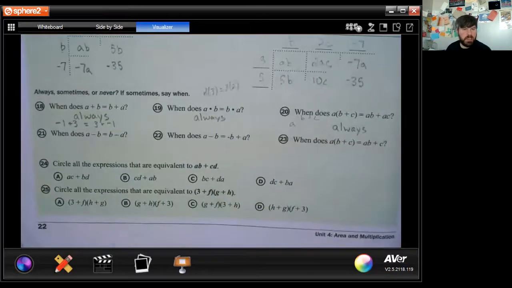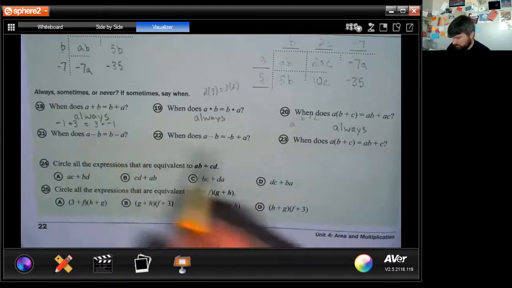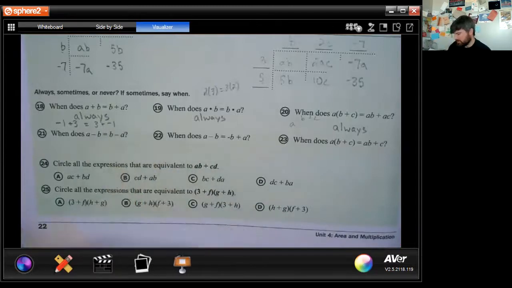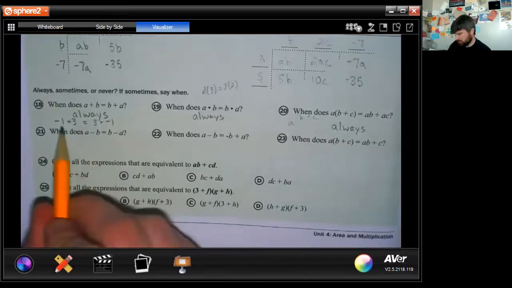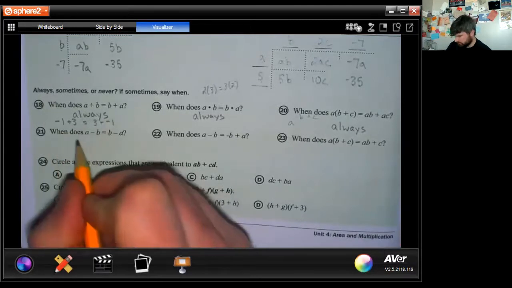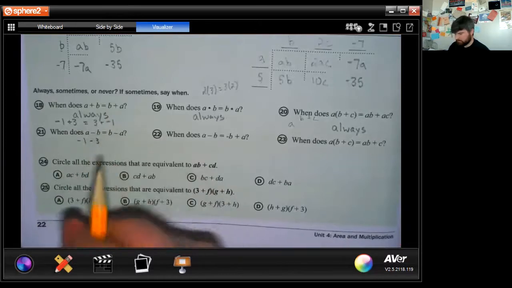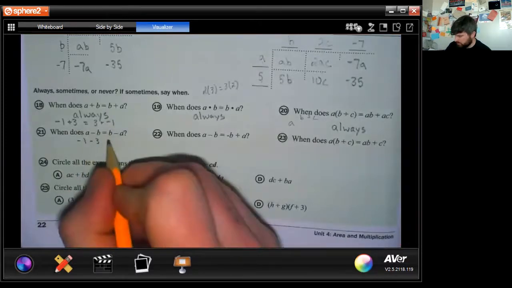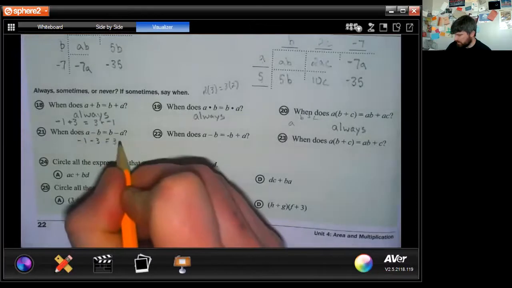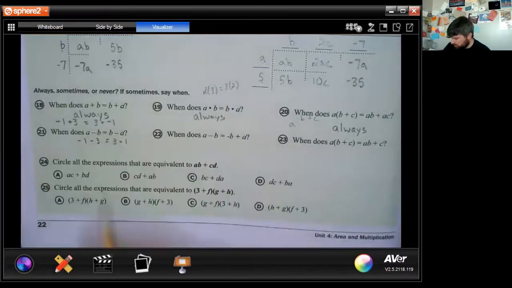When does a minus b equal b minus a? Okay, we can look at this and get some numbers here. So let's just use these numbers up here. Negative 1 minus 3, which is negative 4. But then you have 3 minus negative 1, which is positive 4.